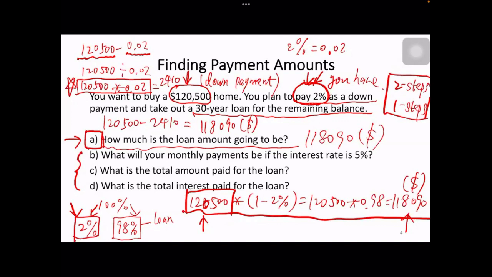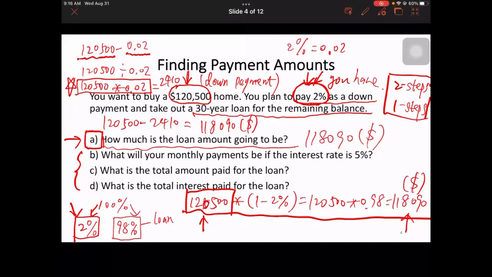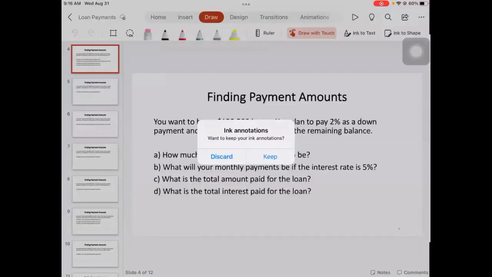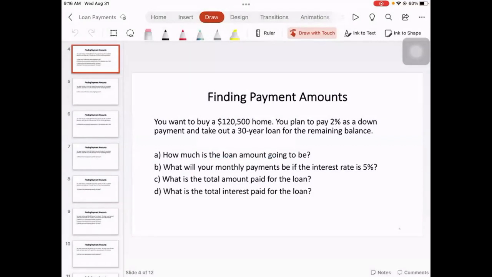I want to see how many can get this right. All right, let me give you 10 minutes to do that, and then we check together later. I want to just clear this so I can have room to write more.